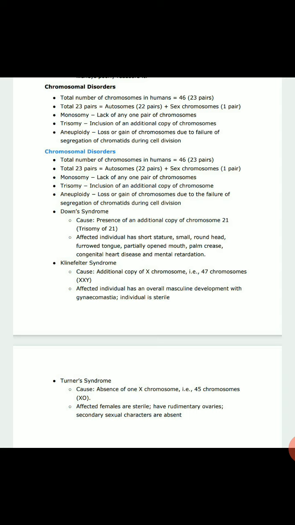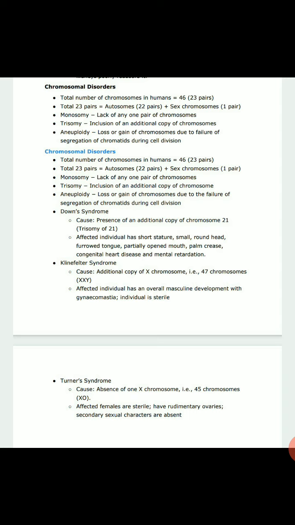We know that there are 46 chromosomes in human beings. Out of 46, there are 23 pairs in total. Out of 23 pairs, 22 pairs are known as autosomes, and one is a sex chromosome pair, that is X and Y.